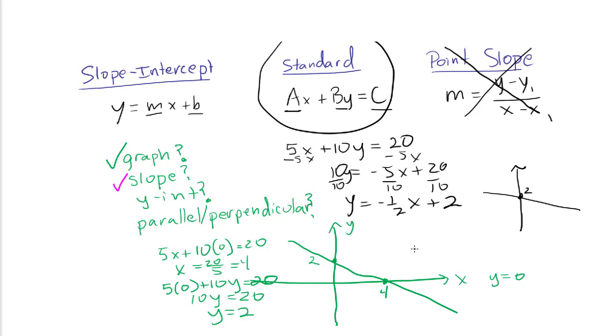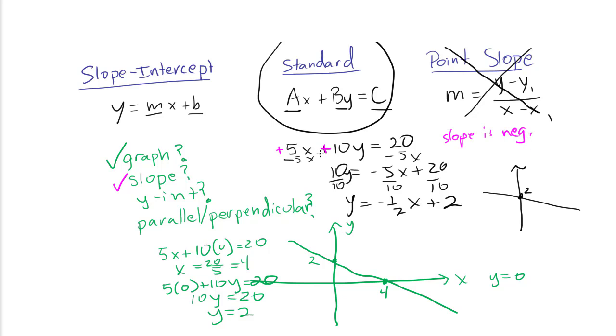Well, one easy way to identify whether your slope is positive or negative is if they have the same signs for the coefficients of x and y, plus 5 and plus 10, then your slope is negative. It's downward to the right.